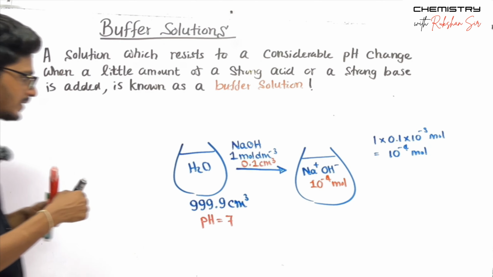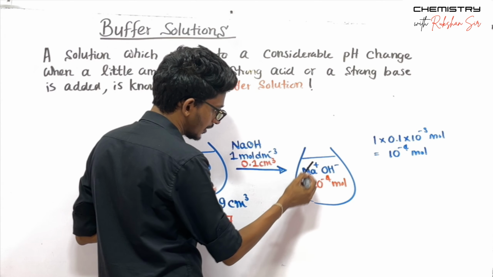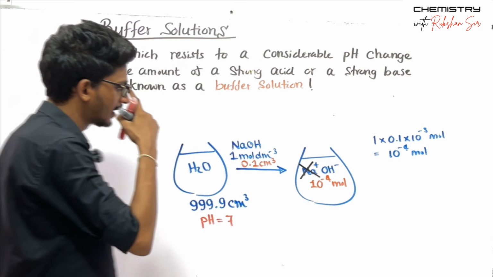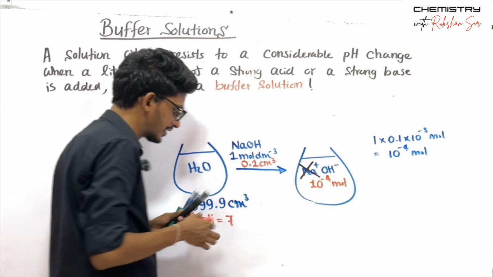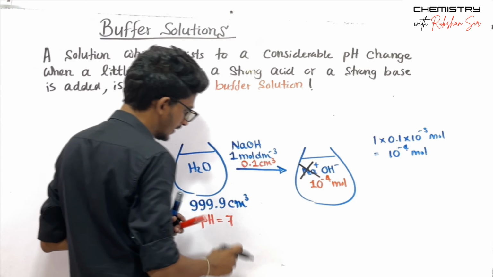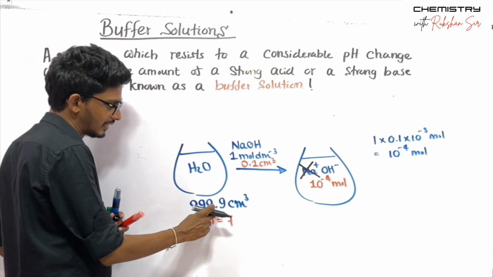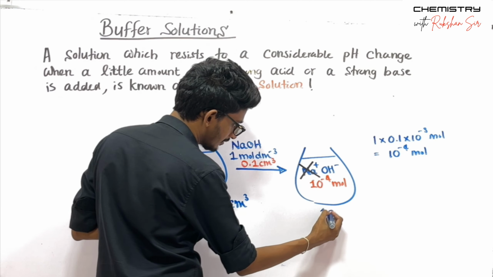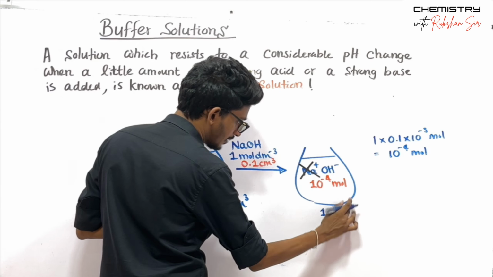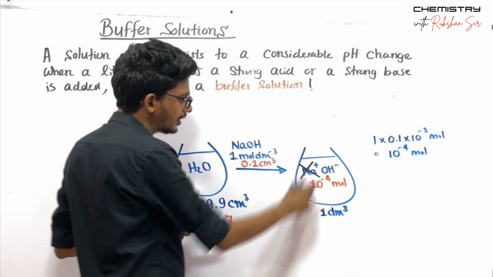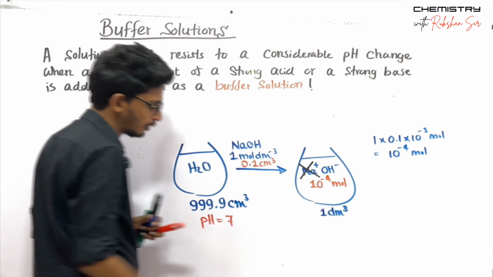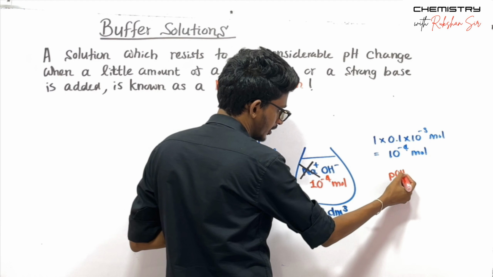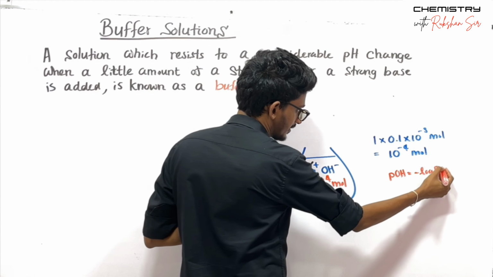So let's come up with the pH of the solution. Na plus is of no use, it does nothing to the pH. Now the OH minus concentration is going to be 10 to the power minus 4 moles in what volume? The volume is just 1 decimeter cube, 1000 milliliters. So the OH minus concentration is 10 to the minus 4, and pOH is 4. pOH is equal to minus log of the OH minus concentration.